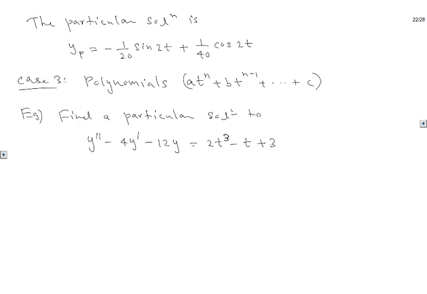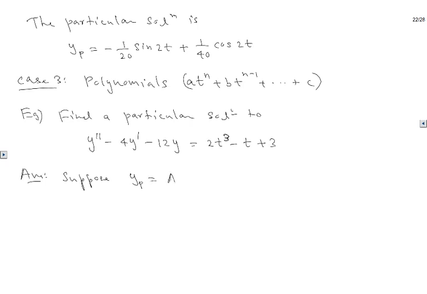So y double prime minus 4y prime minus 12y equals t to the cube minus t plus 3. So if you get a polynomial, things are easy. What we normally do is we write a polynomial of the same type, but you're going to include all the missing terms. For example, you can see that here there is no t squared term, but you have to include that. So the answer, suppose yp, we can include all of them.